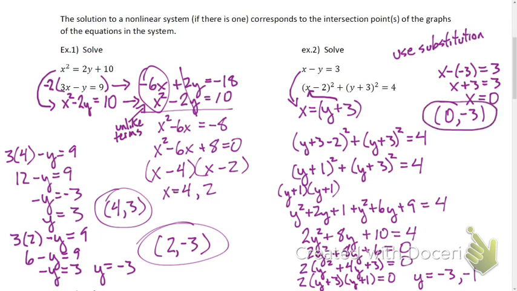Let's plug in negative 1. So for this one, coordinate 2, negative 1 is an answer. And we're done.